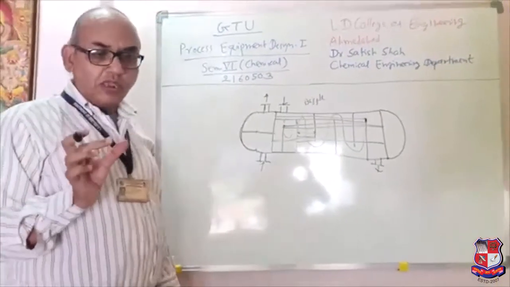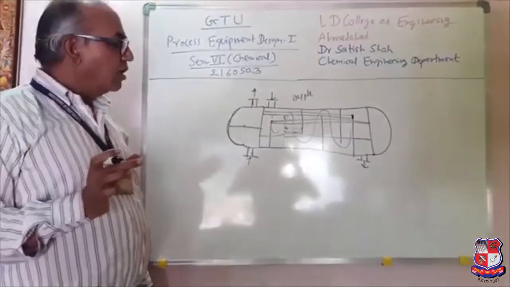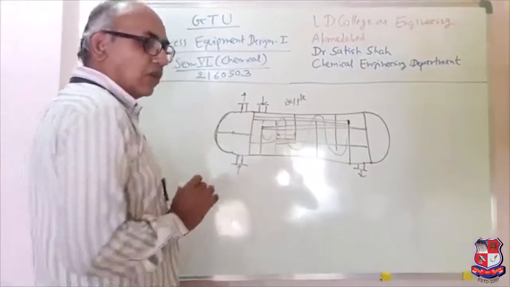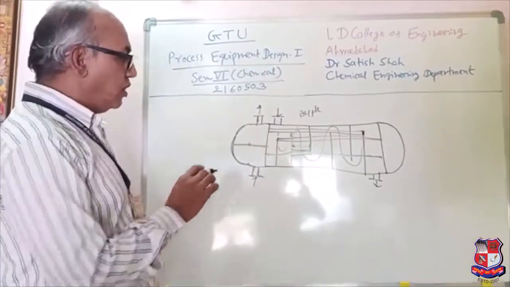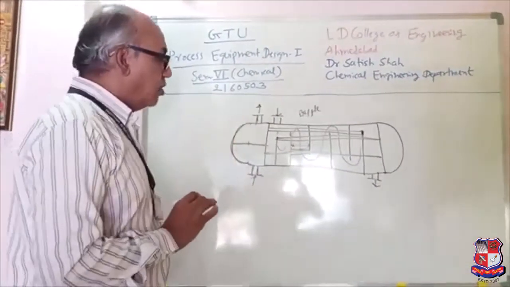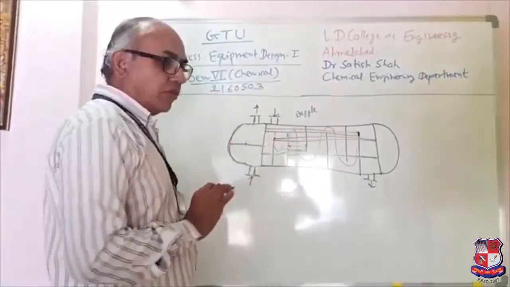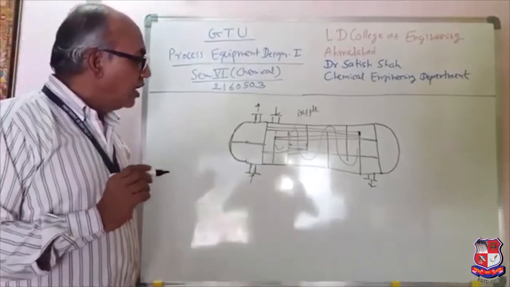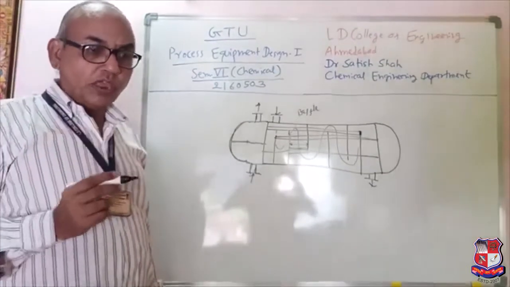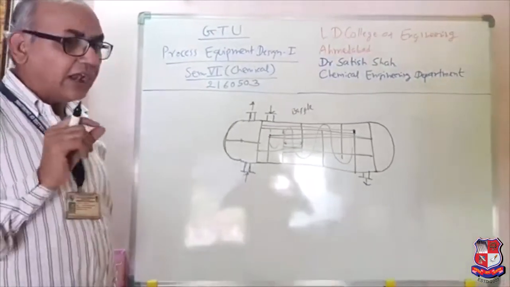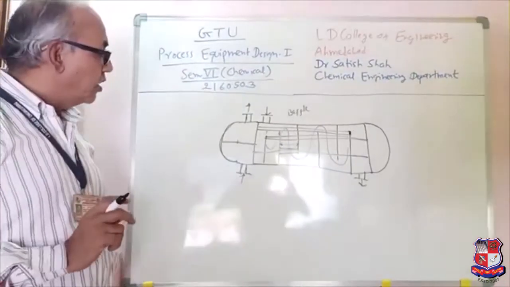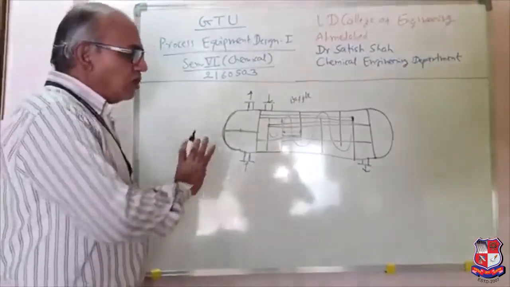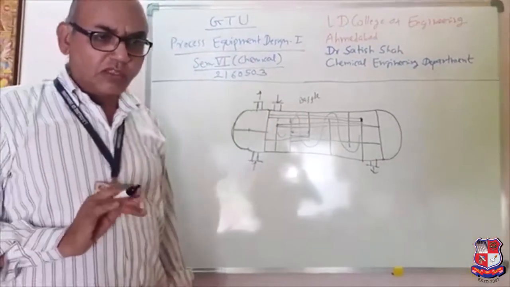So that will be equal to the baffle spacing, and it will keep the baffle in a tight position. So that is the role of the spacer, and this is the tie rod. The diameter of the spacer, if you see, is more than the tube hole, so it will never enter the tube hole, and it will maintain the baffle spacing as it is. So these are the general parts of the shell and tube heat exchanger.